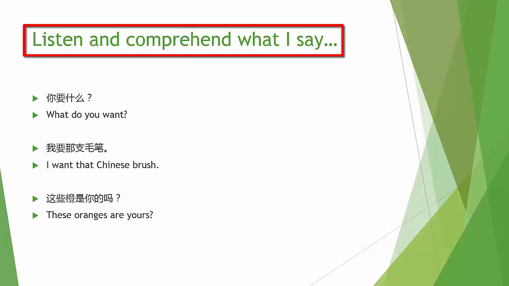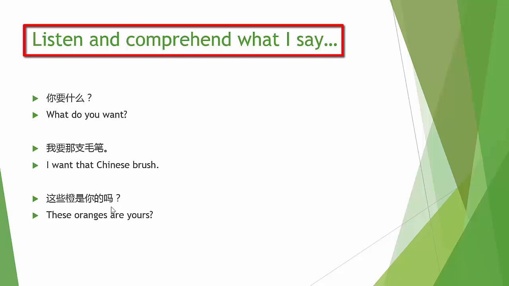So again, this is a yes and no question because I use the word ma here. Okay, and again, the way that I write the English sentence is a bit broken. It should be, are these oranges yours? I'm just writing it in this way because I want to show you how Chinese make this sentence into a yes and no question.